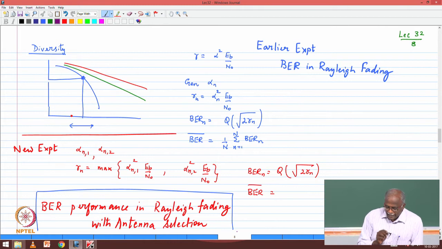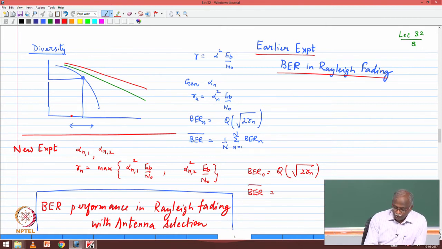The last point where we ended last lecture was a notion of diversity. The first experiment that we had done as a computer experiment was to look at the effect on BER in Rayleigh fading. So you took the AWGN graph, generated a Rayleigh coefficient, which then perturbed the instantaneous SNR.